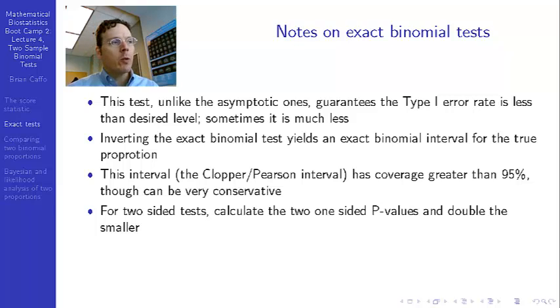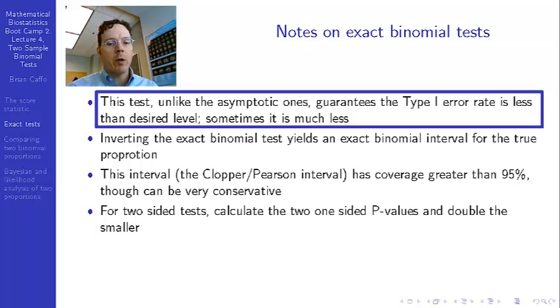So one of the reasons this test is called exact is that, unlike the asymptotic error rates, where the alpha that we use to get the normal quantile is an approximate error rate for the test. So if you perform a 5% level asymptotic test, the alpha level is not necessarily 5%. There's been work to show that in some cases it can be substantially higher than 5%.